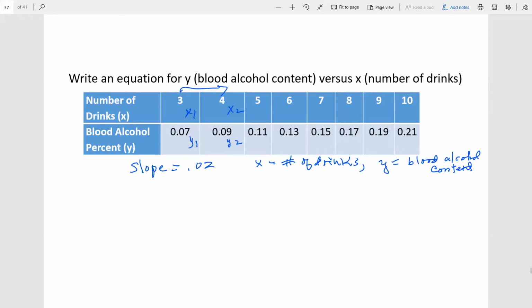So we're going to use the equation y minus y1 equal m times x minus x1. And y minus y1, which is y minus 0.07, is equal to the slope 0.02 times x minus x1. x1 is 3.